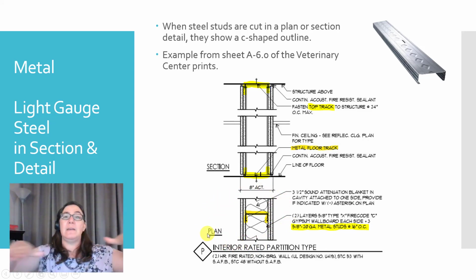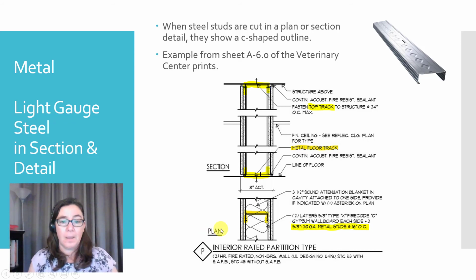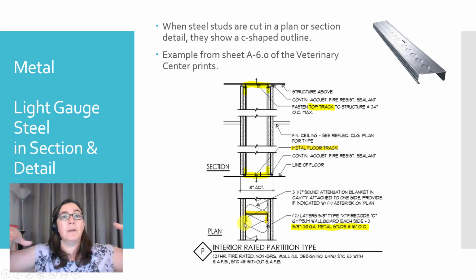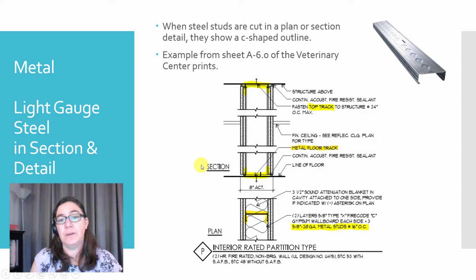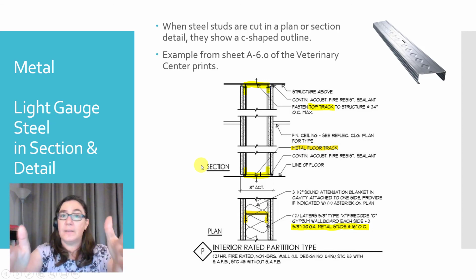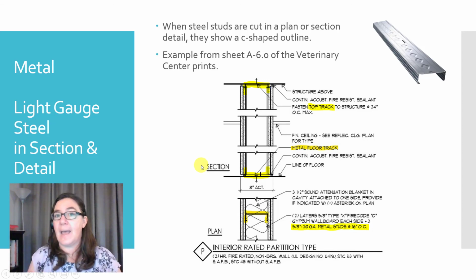Remembering that the plan detail is going to be a horizontal cut and then looking down. You can see this C-shaped light gauge steel stud right here, and that is a vertical member that we're cutting and looking down at. In the section detail right above it, remember that a section is a vertical cut, and then we are looking sideways or horizontal at that wall.